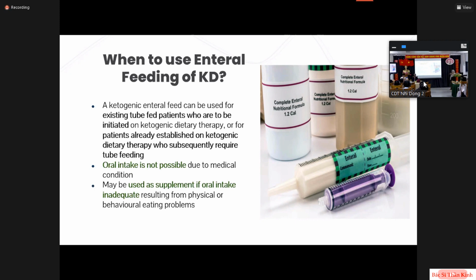Or for patients already established on ketogenic dietary therapy who subsequently required tube feeding. Enteral feeding ketogenic diet will be used when oral intake is not possible, like Dr. Nathan mentioned just now, due to medical conditions such as swallowing incoordination. It may be used as a supplement if oral intake is inadequate, resulting from physical or behavioral eating problems.